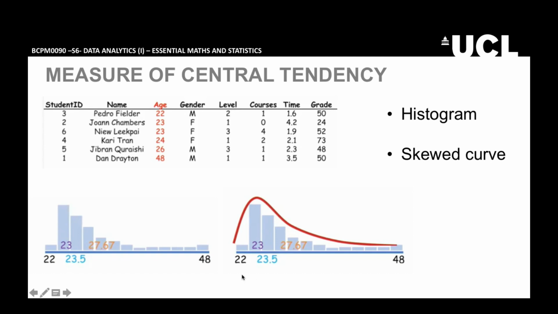You can see in that example that most of the data are grouped on the left side, but there are a number of high ages that are pulling the mean to the right. You can see that the distribution of the data forms a skewed curve, and in this case we describe it as being right skewed because there is a long tail to the right.